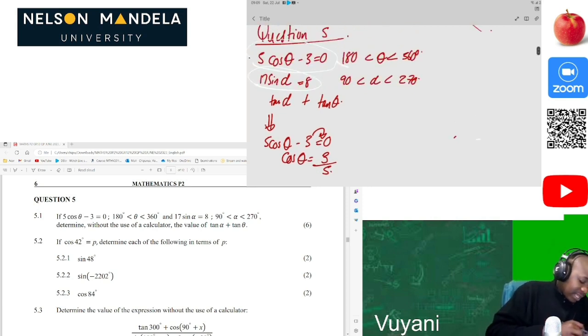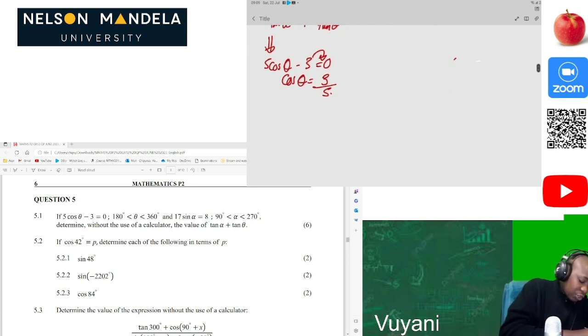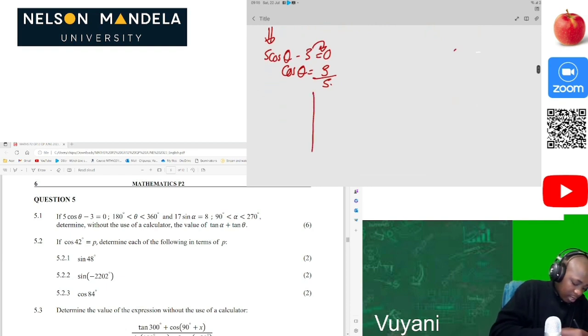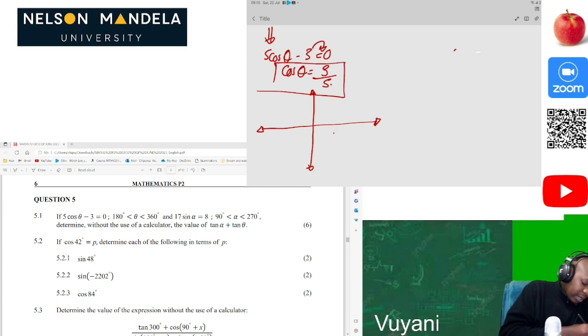Now we were given the interval from 180 to 360 degrees. So when we draw our reduction formula, we know that only cos is positive in the fourth quadrant. You can see that cos theta is equal to 3 over 5, which is positive, which means we draw our triangle in the fourth quadrant.